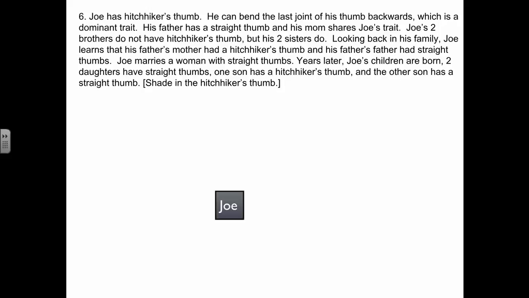So if you put him way at the top, you're going to have no place to put the parents and grandparents. So start with Joe about in the middle. And then build your pedigree up from there. Okay? So go ahead and take a few minutes and do this, and then I'll show you the answer in a minute. If you could do this one, you're no problem. You're in good shape once we get to our quiz on track.